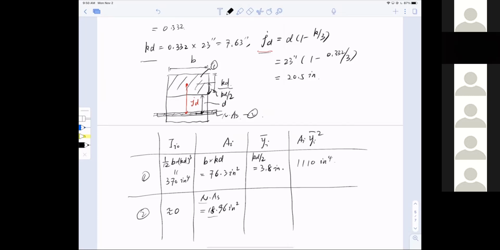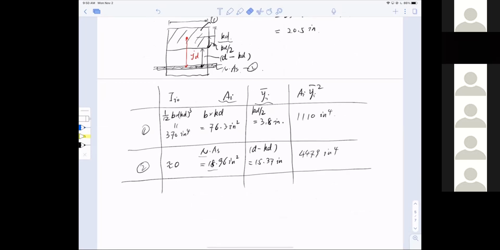So this is d minus kd. d minus kd gives me a 15.37 inch distance. All right, and you just do Ai yi squared, and you got this to be 4479 inch to the 4, and that's it.